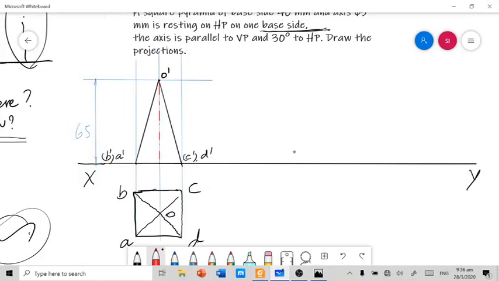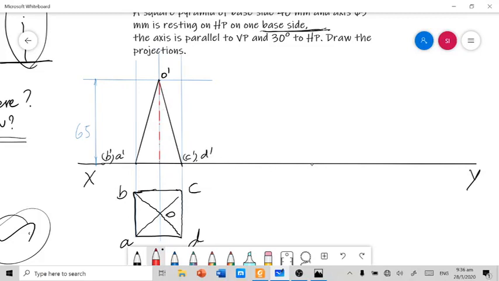In the third stage, you need to include the axis inclination of 30 degrees to HP, and for that, simply redraw this lateral view in a tilted manner, and you should maintain the axis inclination of the solid with HP as 30 degrees.